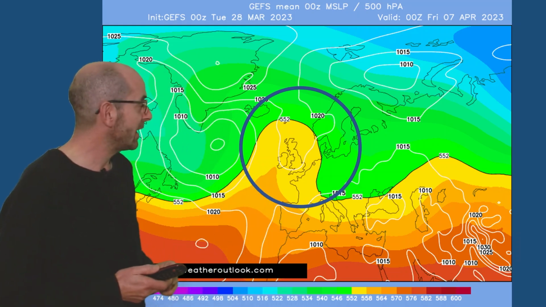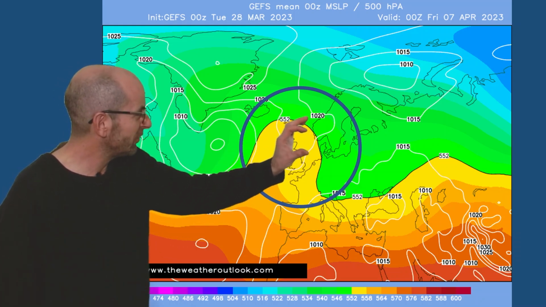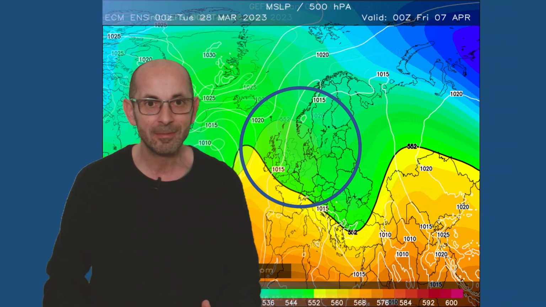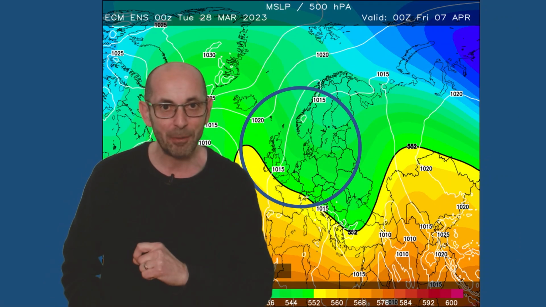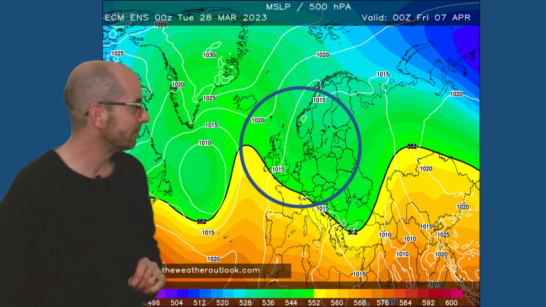The GEFS mean surface level pressure plot for Friday the 7th of April, so generated by averaging out all of the runs in the ensemble, suggests a fairly slack pressure gradient across the UK. It's maybe high pressure having a reasonable amount of influence at this point. But the comparable chart from the European ECM ensemble is a little bit different.